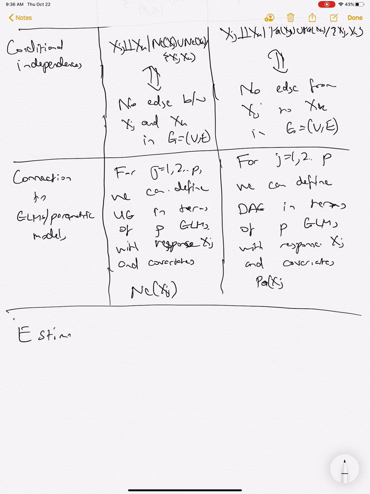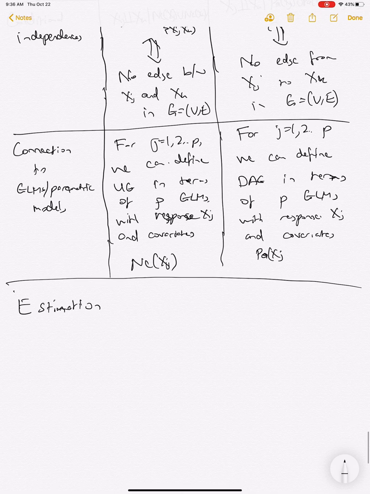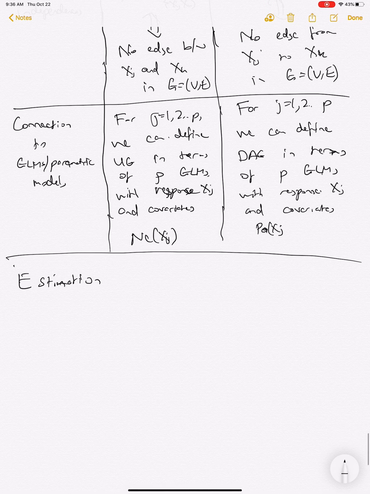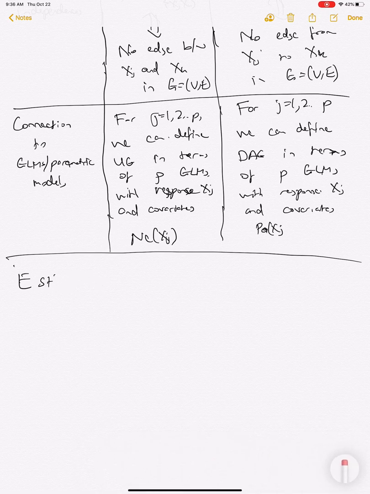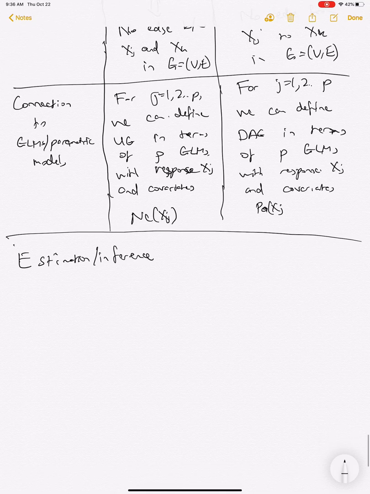So we've spent quite a while, like 3 or 4 lectures, defining these models because they're quite challenging to define and to think about. So now we're moving on to estimation or inference with graphical models.